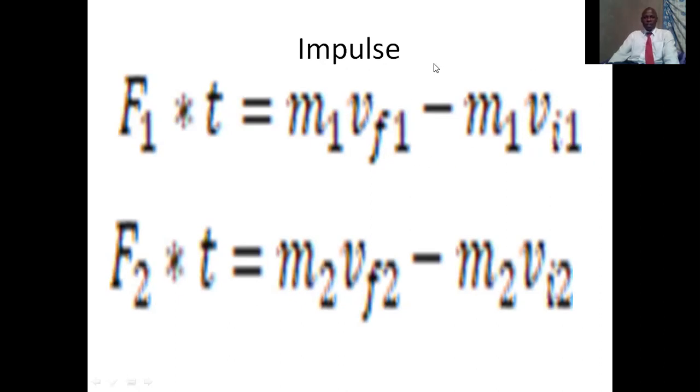This change in momentum will give us the impulse for this object, which is given by force 1 multiplied by the time. Take again that we have another object with mass 2. The change in momentum as well will be mass 2 multiplied by the final velocity minus mass 2 multiplied by initial velocity. And therefore, this will be the impulse of object number 2.